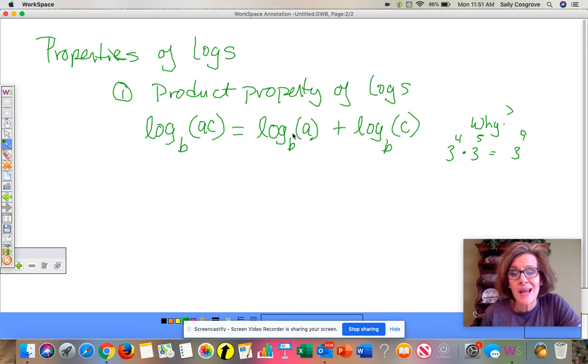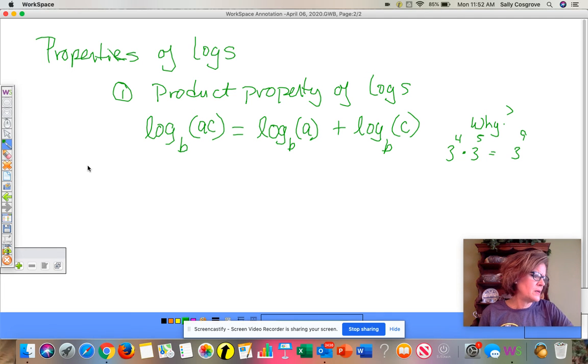So that's the why. It really, really helps you to understand this if you know your exponent rules. If your exponent rules are sketchy, then I would strongly encourage you to go back and look at them before we go much further.